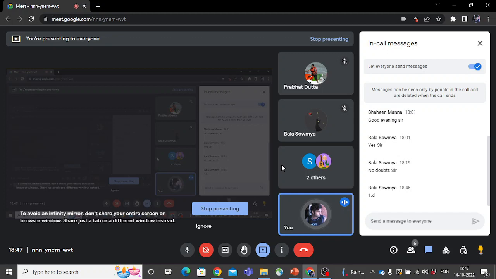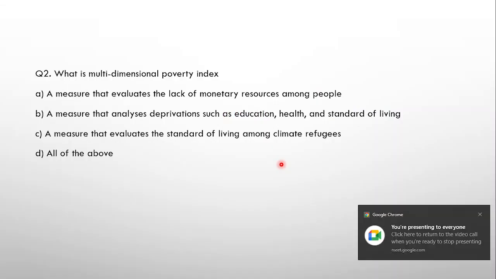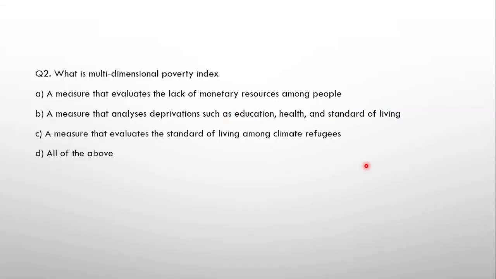Do you need me to read the question again, or do we have answers already? Okay, so multidimensional poverty index. Your options are: A, a measure that evaluates only the lack of monetary resources, that is income. We spoke about that 100 rupees per day, that kind of thing.